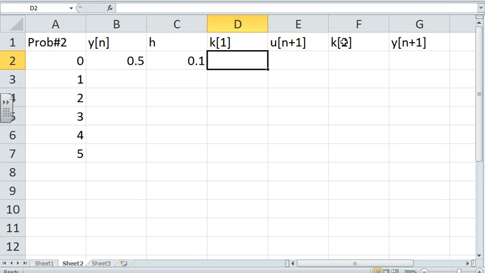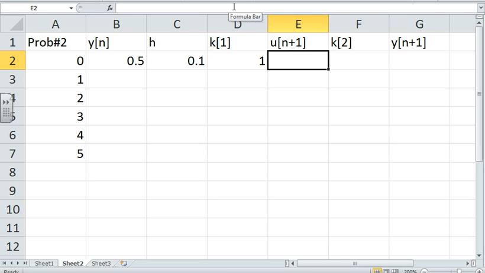Now we're going to do a k1. K1 is the function at x n, y n. So the function at x n, y n equals 2 times b2. It's like this, right?